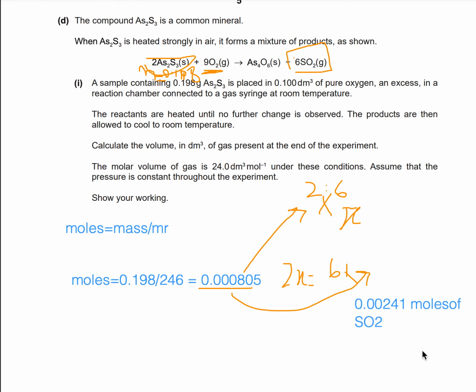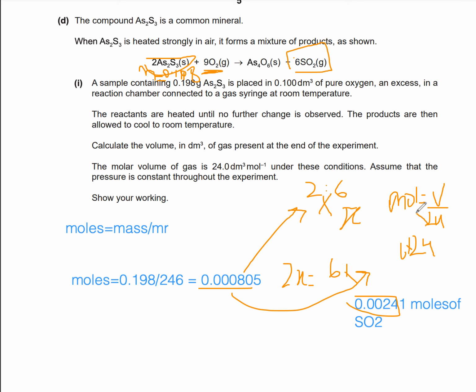Now, if we need to calculate the volume, what would we do? We will use moles equal to volume over 24. We'll use 24 when the volume we need is in dm cube and we need the answer in dm cube. So moles are 0.00241. We multiply this number by 24 and we'll get the volume.